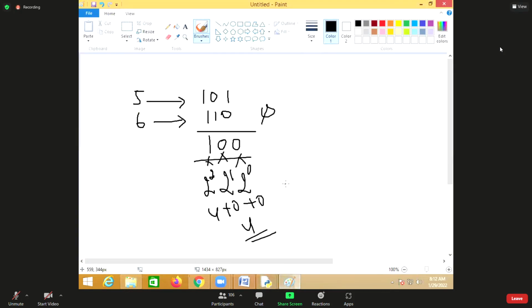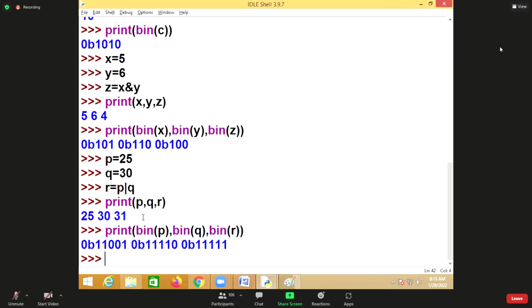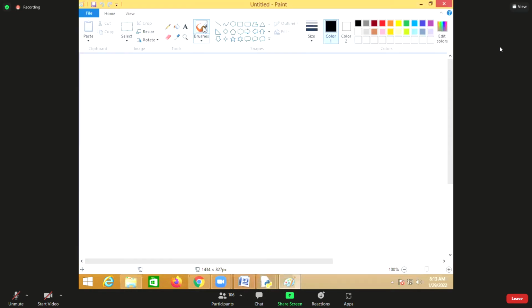So here, what is the binary of P? P is nothing but 25, right? So 1 1 0 0 1. If you want, you can convert 25 to binary. How do you convert into binary? Divide by 2. How many times? 12 times, remainder is 1. Then 2, how many times here? 6, and remainder is 0.